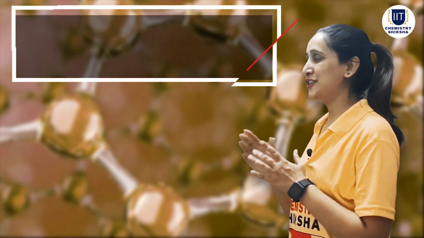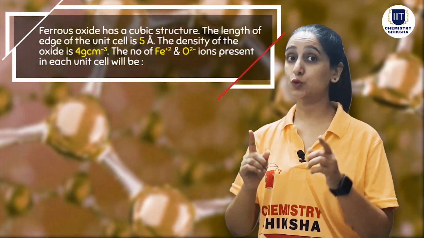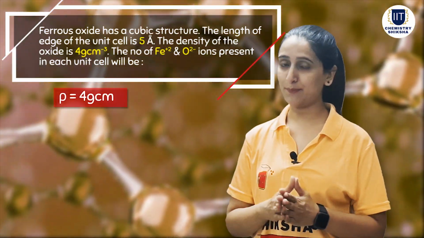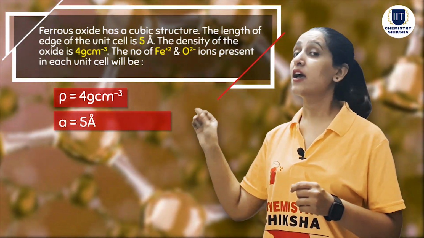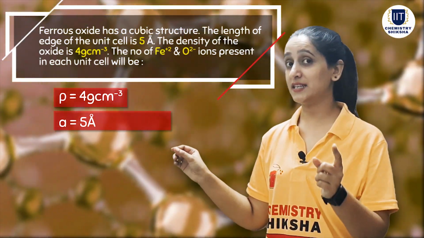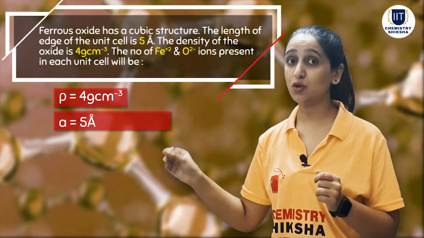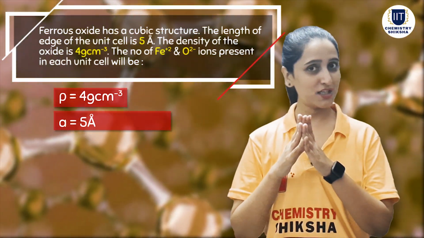So the next question on your screen is, you have been given a ferrous oxide cubic structure whose density is known to us, which is 4 gram per centimeter cube, and whose edge length is given, which is 5 angstrom. Before proceeding further, the first thing you have to do is convert these angstrom into centimeters, because density is given in gram per centimeter cube.